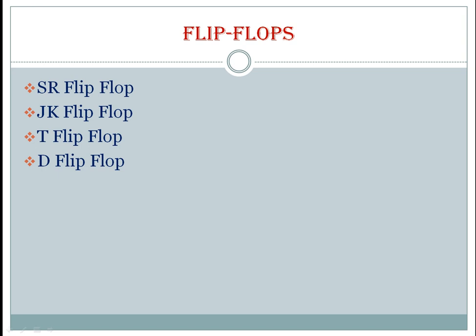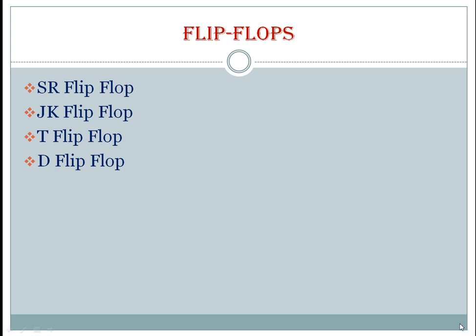Hello everyone. In this video, I'll be discussing flip-flops. Flip-flops are an example of a sequential circuit, and you already know the difference between a combinational circuit and a sequential circuit. In a combinational circuit, the output depends on the present input at that instant of time.